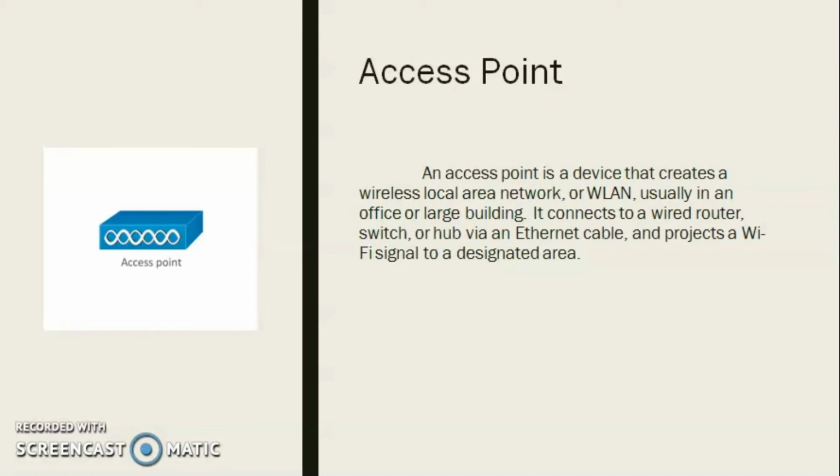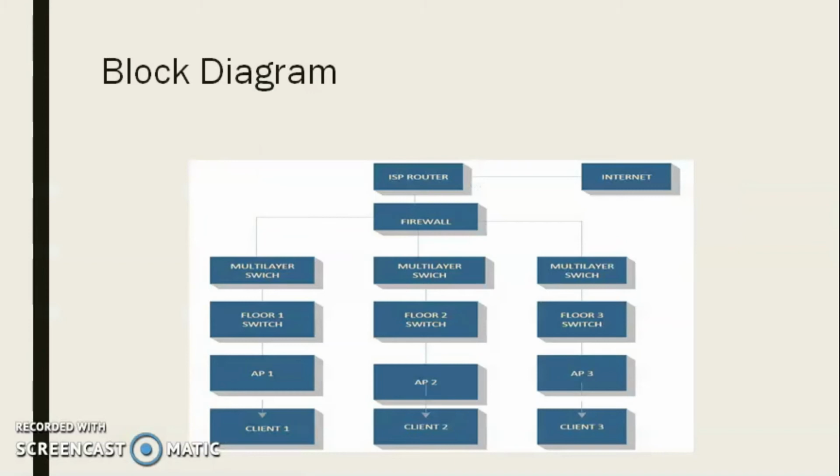In our block diagram, we have our ISP, which is our internet service provider that we are getting network from. And then it comes to our firewall device. What our firewall is doing over here is a network security system that monitors and controls incoming and outgoing network traffic based on predetermined security rules.